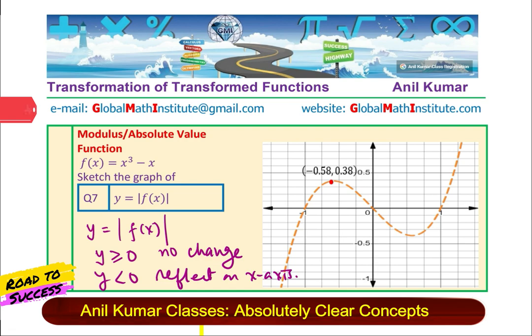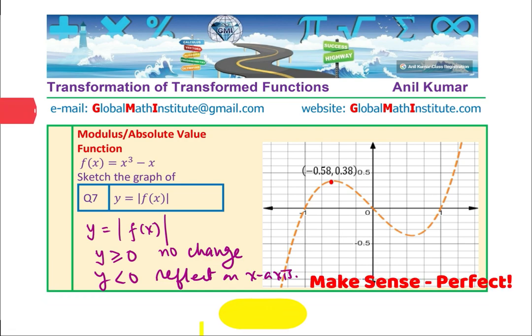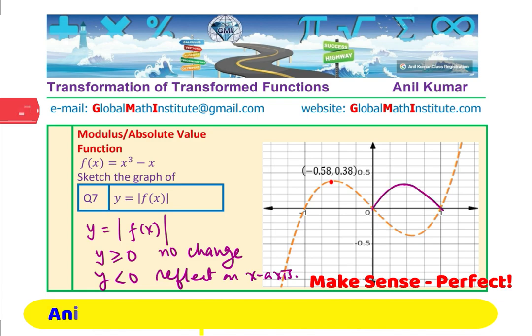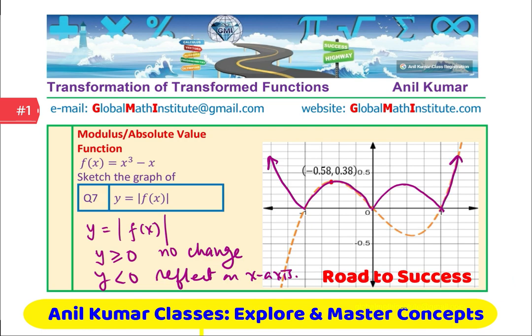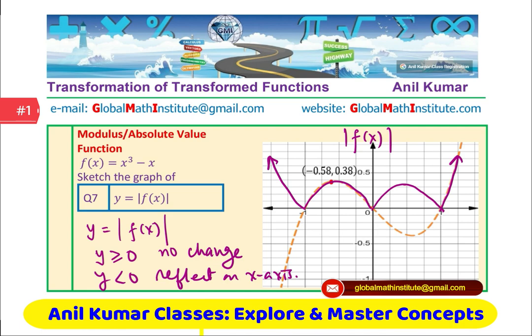So from the graph, as you can see, this particular portion will be reflected, right? You see that? And this portion will also be reflected. So what you get is like this. So this becomes the graph of absolute value of f of x. Simple? Correct? So that is how it works.